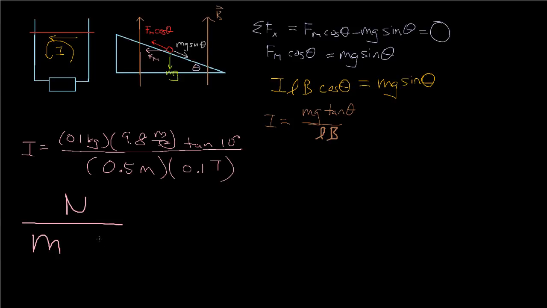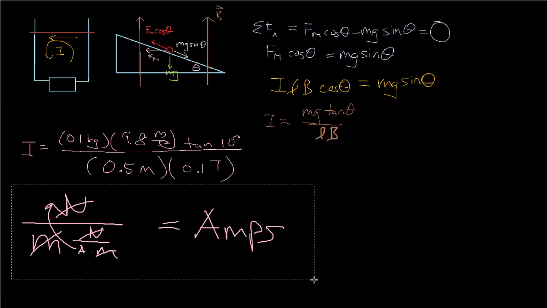And a Tesla is, if I remember, a Newton per amp meter. Meters cancel out, and amps go straight up to the top. So it's amps at the top, and we're all set to plug.